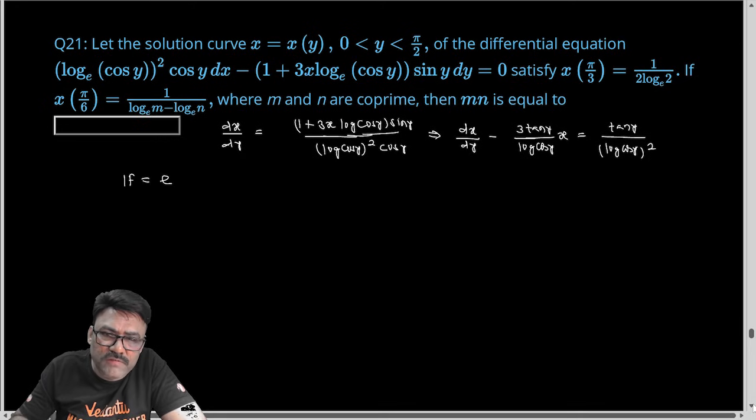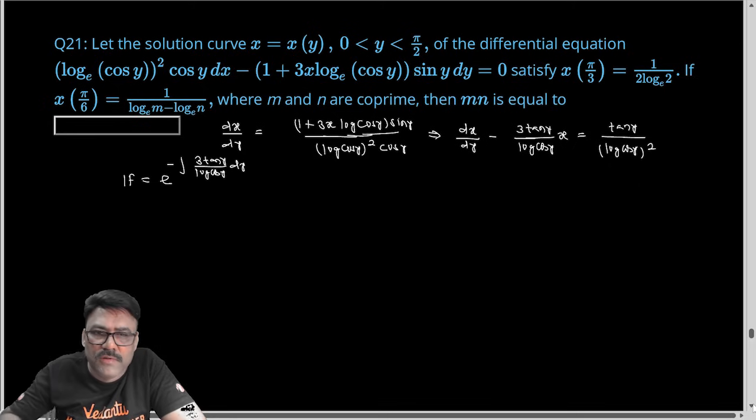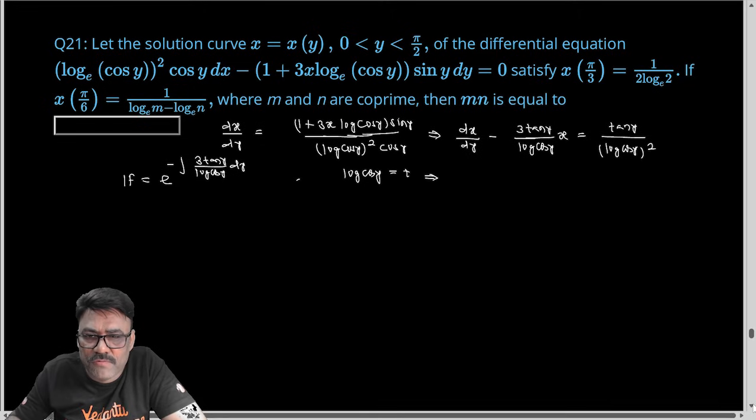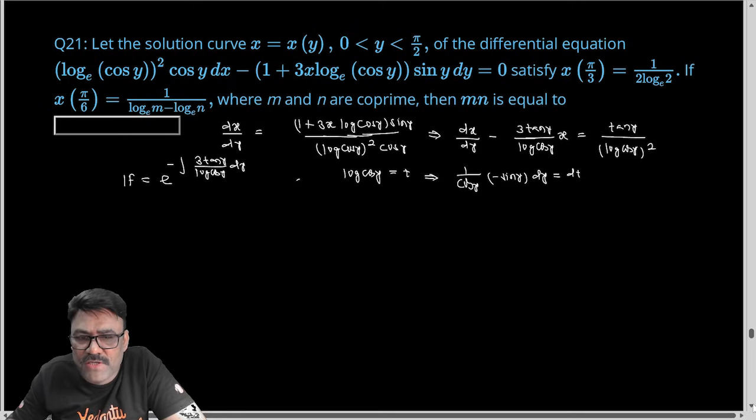Its integrating factor is e raised to the integral of minus 3 tan y over log cos y dy. Now if you substitute log cos y as t and differentiate with respect to y, its derivative is 1 by cos y into minus sin y, so minus tan y dy becomes dt.